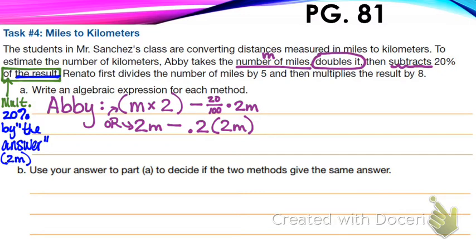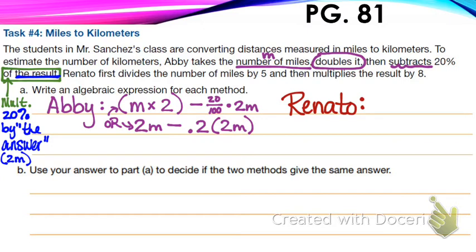Let's try Renato's. What did Renato describe doing? What did he do? Divides the number of miles by 5.